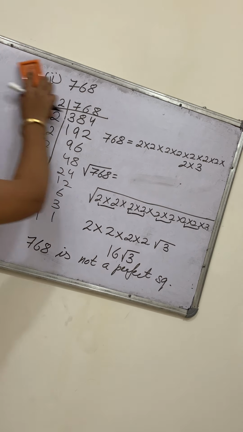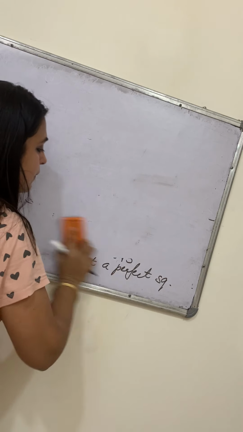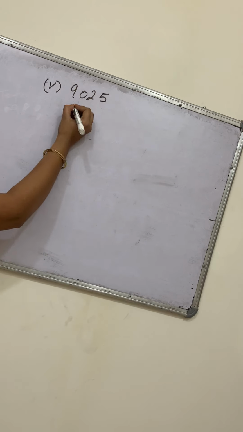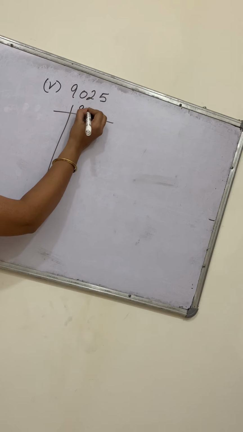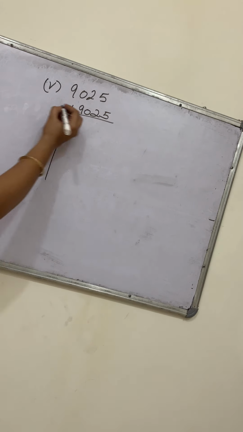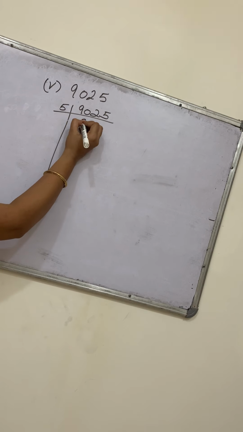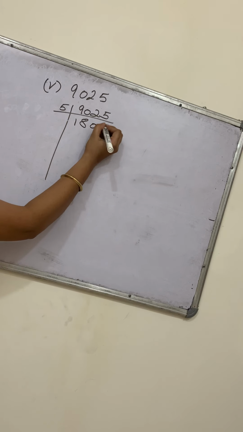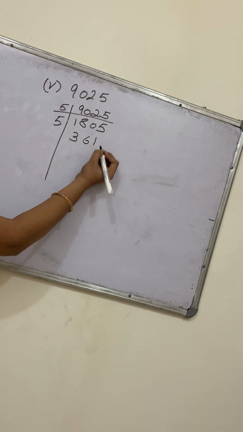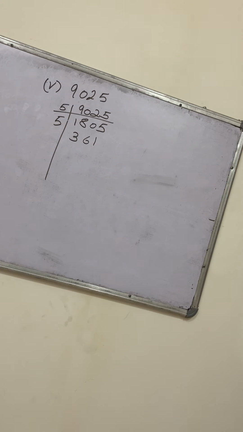After this, we'll come to one more part, that is 9025, the fifth part. Let us do the factors. 5 8s are 40, 5 3s are 15.